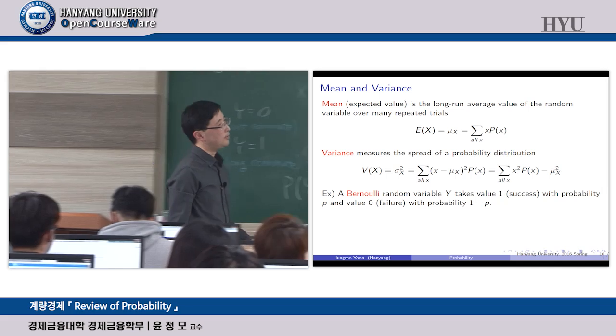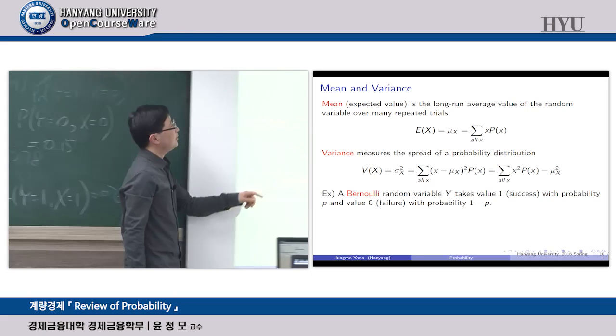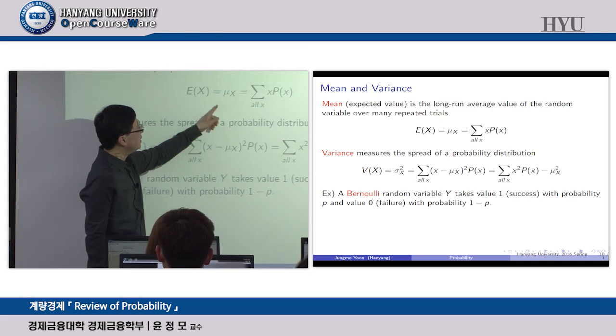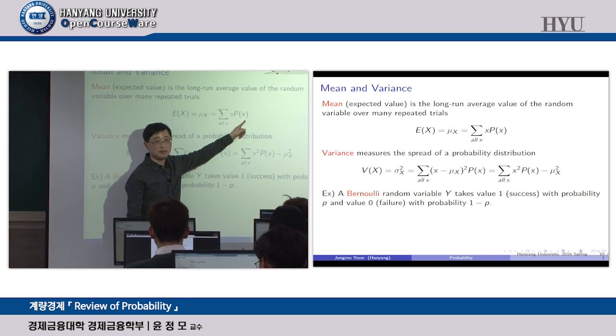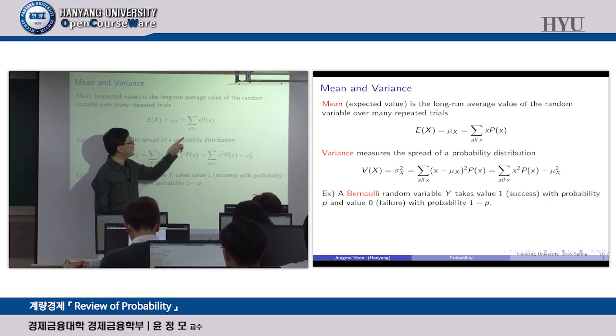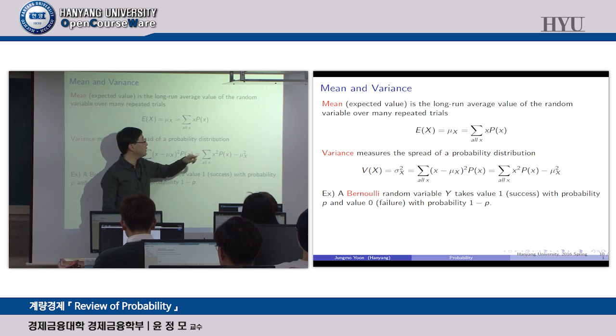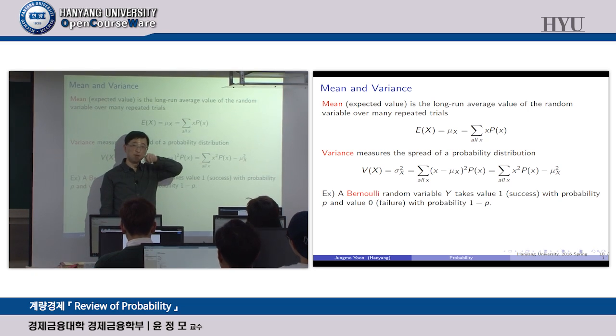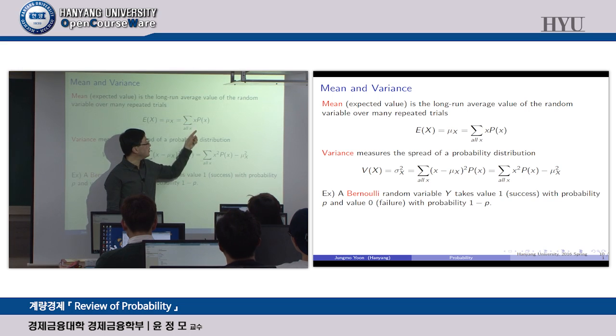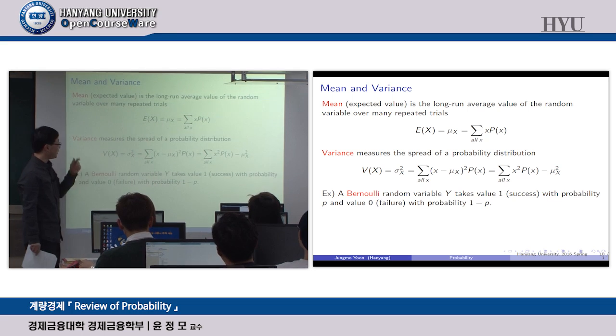Just as a reminder, the mean of a random variable x is the sum of the value of the random variable times its probability. So you need 2 things, right? This is the first line in your distribution. This is the second line in your distribution. You multiply them one by one for each value and you sum them up. So that's the expected value.